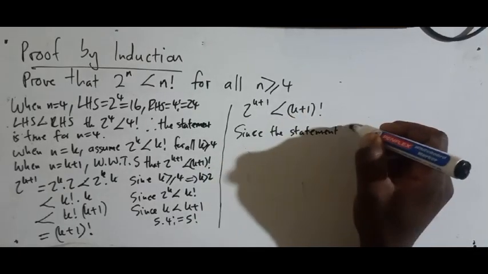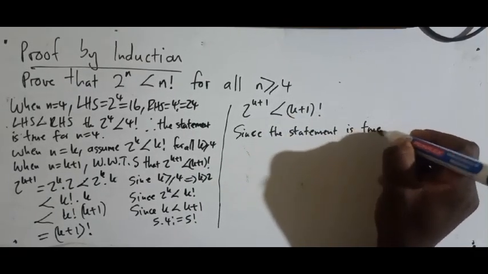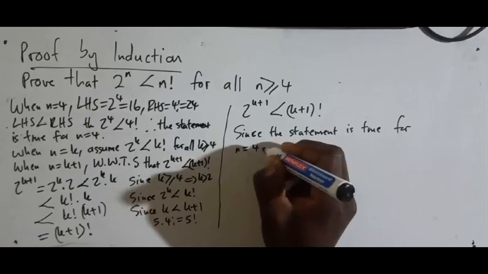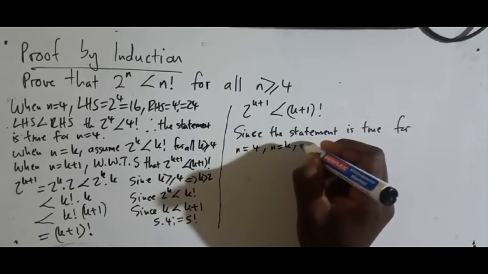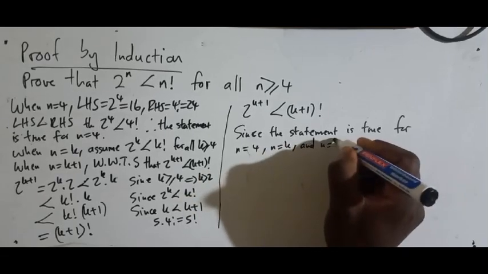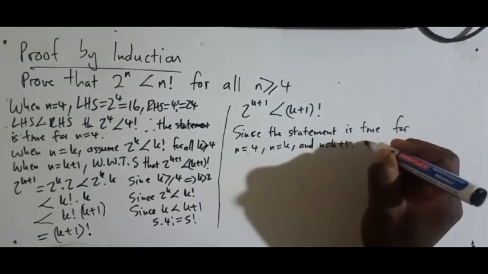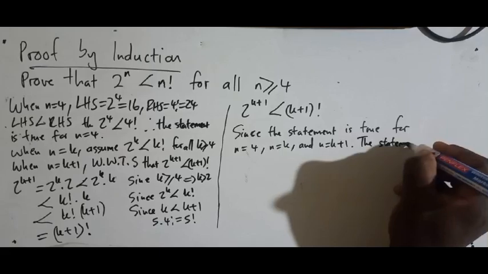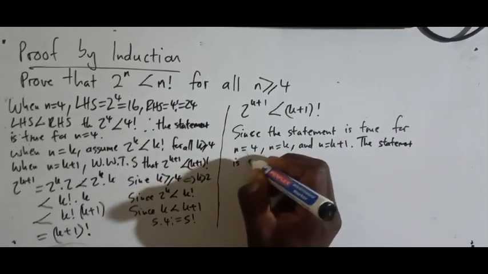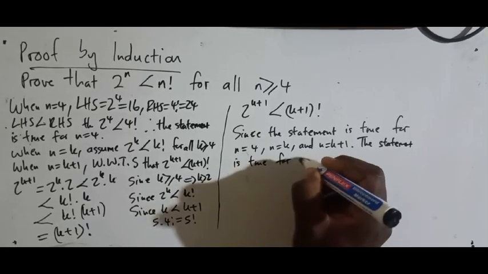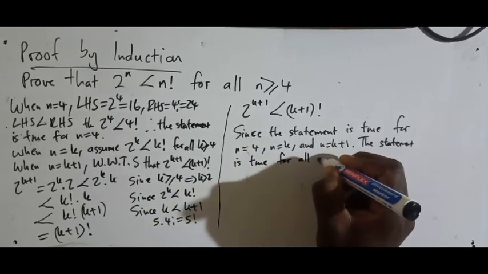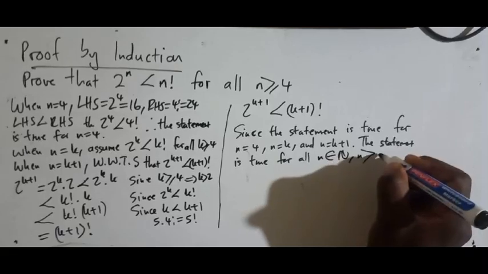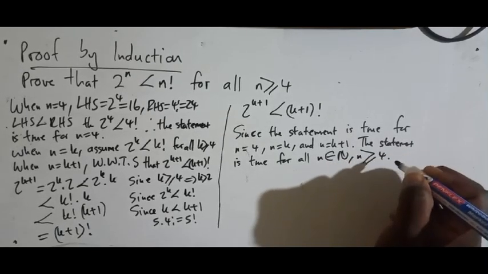Since the statement is true for n equals 4, n equals k, and n equals k plus 1, the statement is true for all n, an element of natural numbers, with n greater than or equal to 4, as desired.